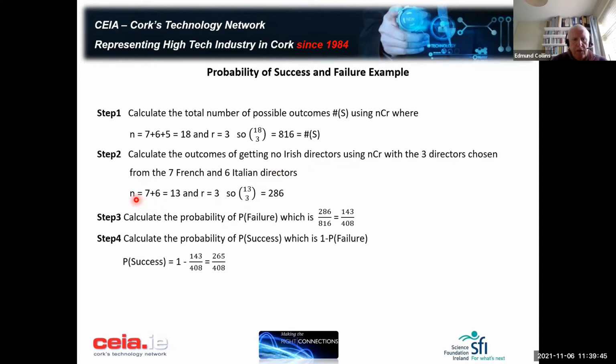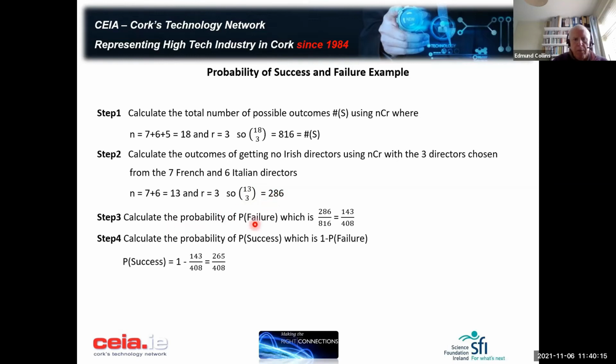So 7 and 6 are 13, and we're going to have 3 directors. So the NCR calculation will have N as 13 and R as 3, and that equals 286.